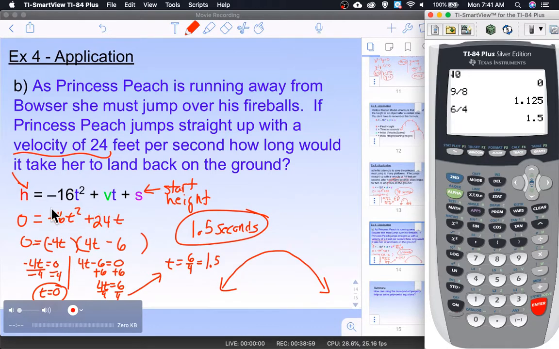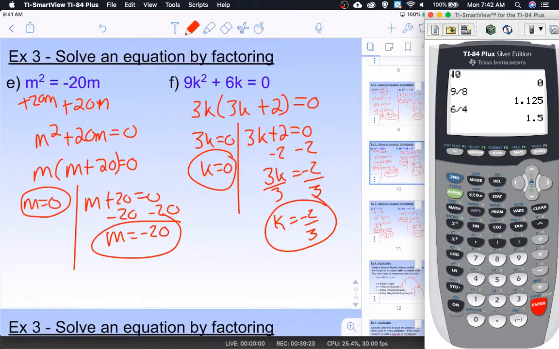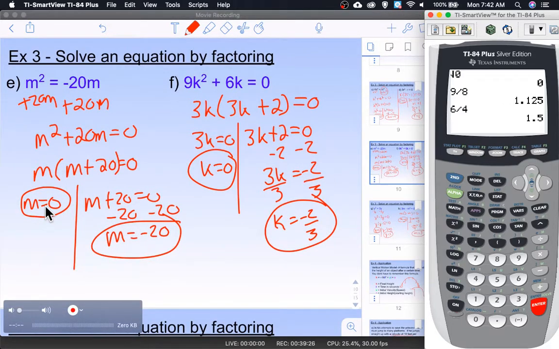Once we learned how to factor this into two smaller pieces, and we learned that the zero product property says that if two things multiply together to equal 0, we can set one or both of them equal to 0, we can find the solution of the equation by solving smaller, simpler equations. This is a much smaller equation, a much simpler equation than the original.